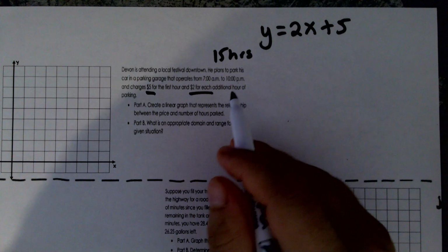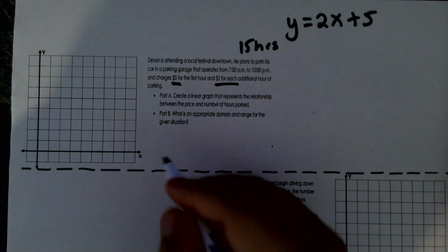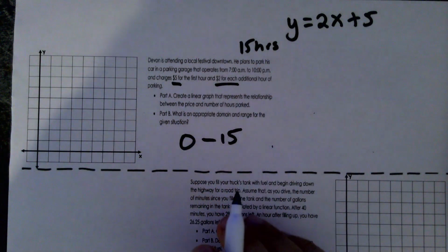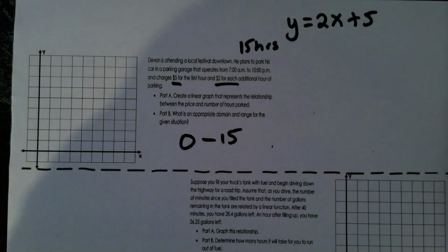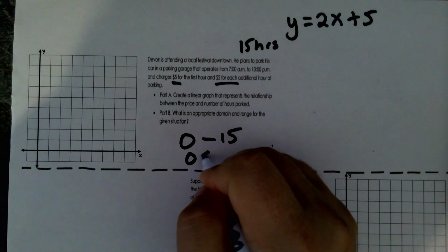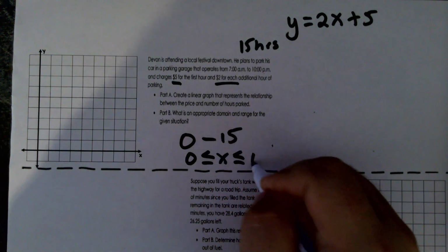Okay. And I can start with my domain now. So he's in there from 0 to 15. How can I write this as a domain with inequality format? Well, I can do 0 less than or equal to x less than or equal to 15.